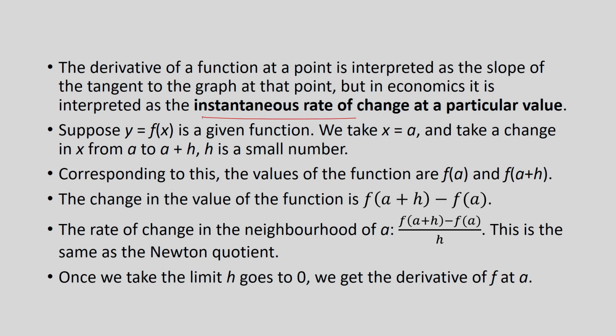That basically means that A and B are very close together. So, one is considering a very small change of the independent variable, and then looking at the change of the dependent variable, which is why this is called the instantaneous change at a particular value.